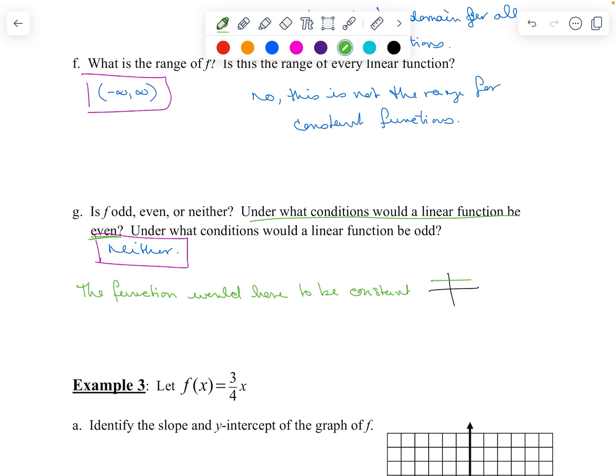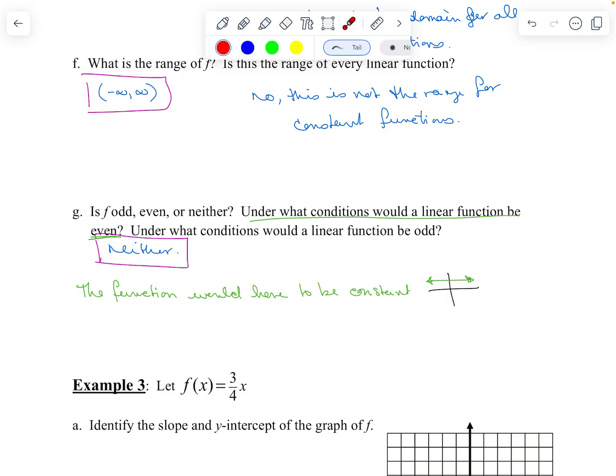If it's constant, and you fold it in half vertically, it would lay back on itself. Or if you think of this as a flip across the y-axis, then it would look exactly like itself. So that would be even.